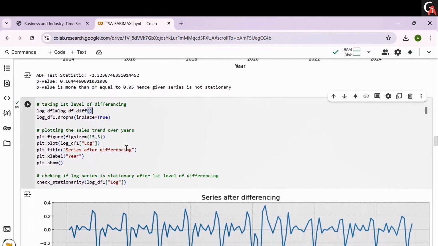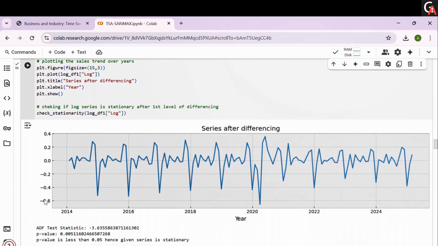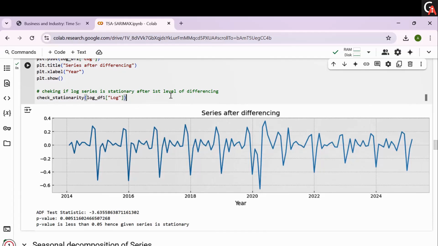Now once you take the differencing and try to see that particular logarithmic series over years, along with the function check stationarity for checking that ADF test, you can see that this series has become stationary after first level of differencing. So the logarithmic series that we have differenced has now become stationary.